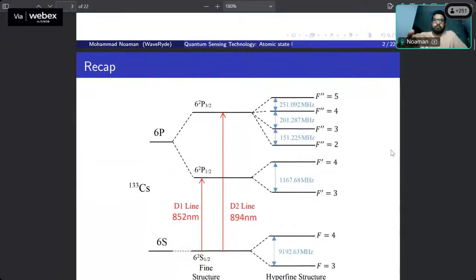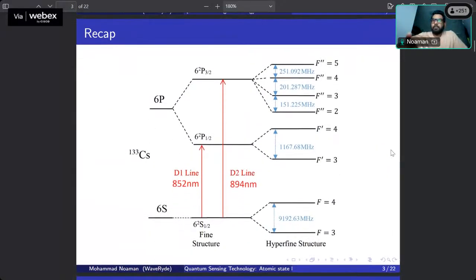All right, so again, the recap. We saw the energy diagram of cesium atoms, and there are these hyperfine states, and there is 6S and 6P. 6S is the actual ground state, and 6P is like the first excitation.